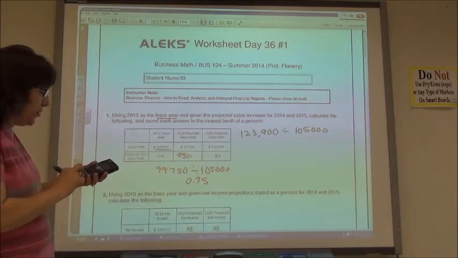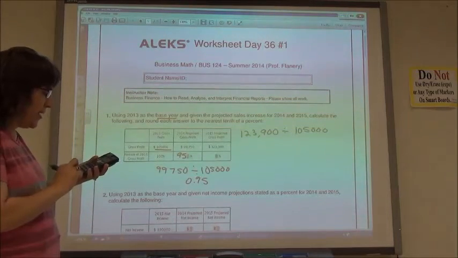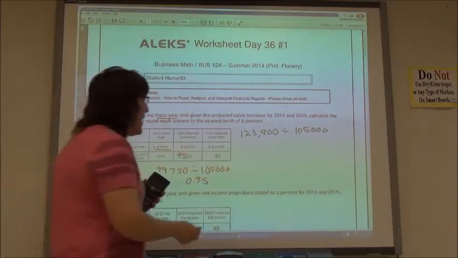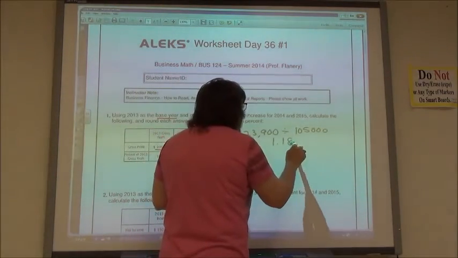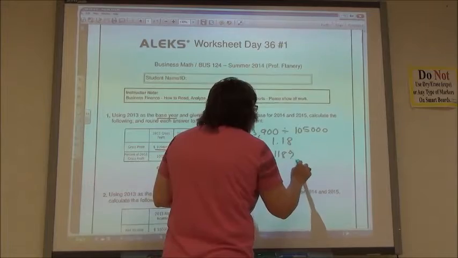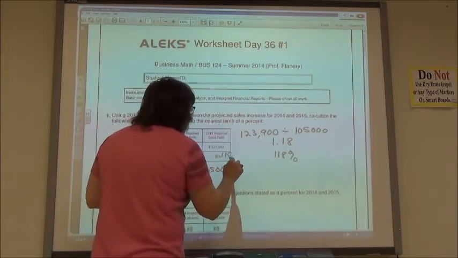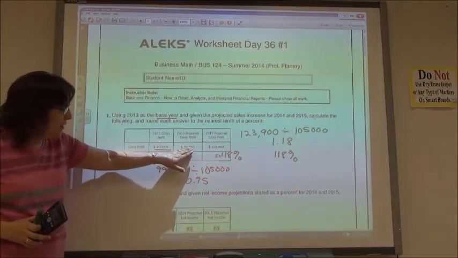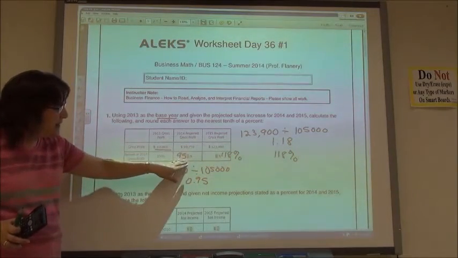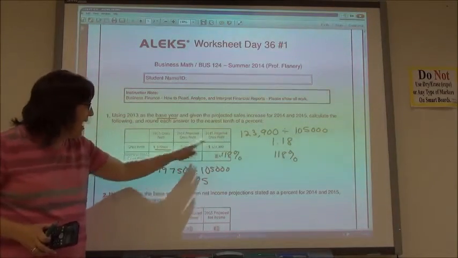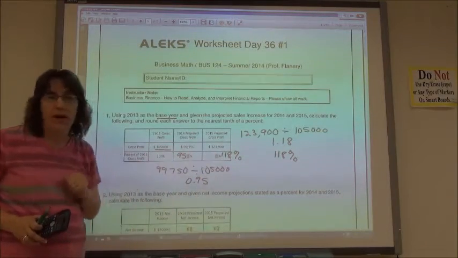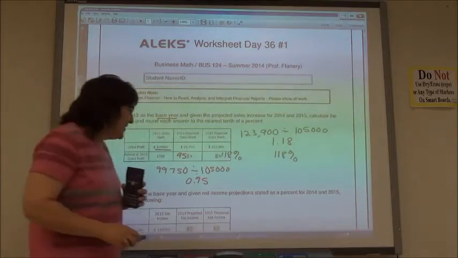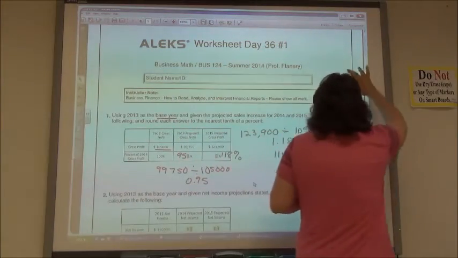So if I take 123,900, I divide it by 105,000, I get 1.18, which then is 118%. So when this one number is lower than this one, I get less than 100%, but when it's higher than this one, I get more than 100%. Makes sense, right? So number 2, we're doing the same kind of thing.